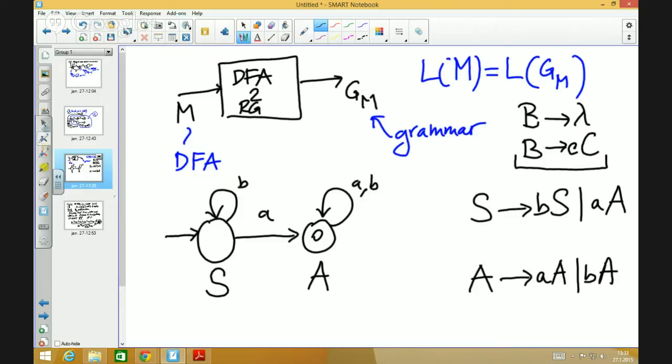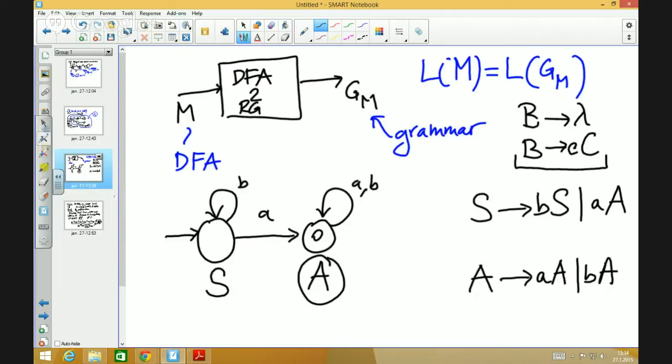But I cannot stop here. Why? How many strings does this grammar generate? Remember, the role of a grammar is to generate strings of terminals. You want to get rid of the non-terminals at some point. Can you get rid of non-terminals here? No, you can't. There's something missing. Now, what is missing is some production that tells us that capital A is an accept state.